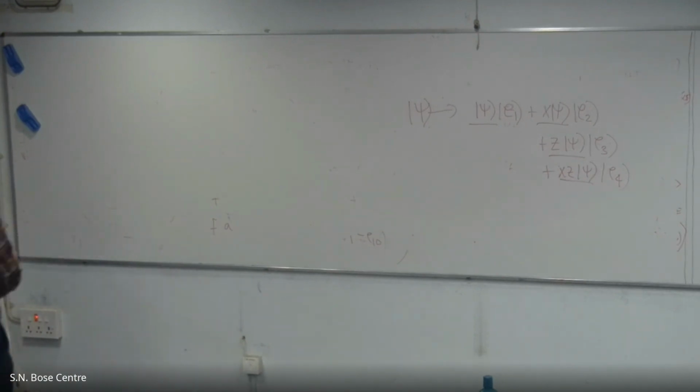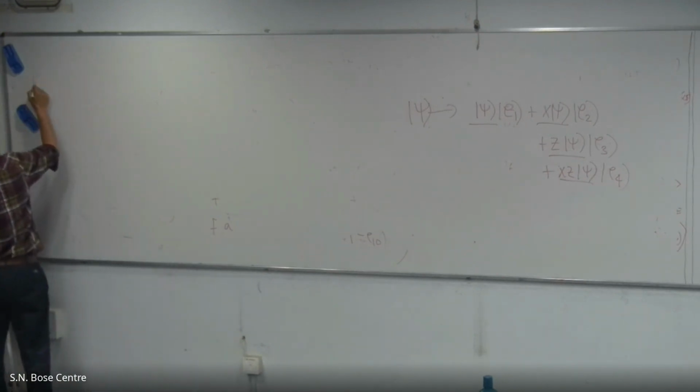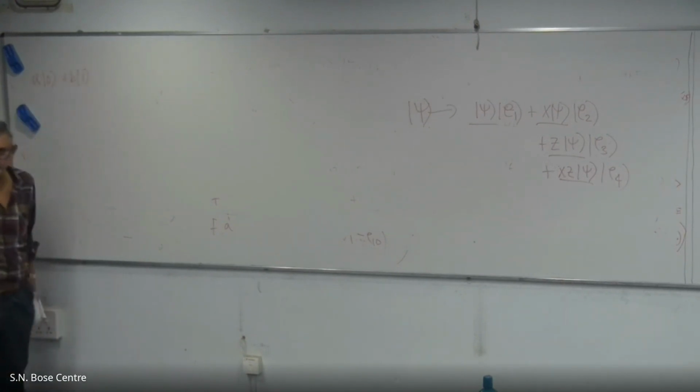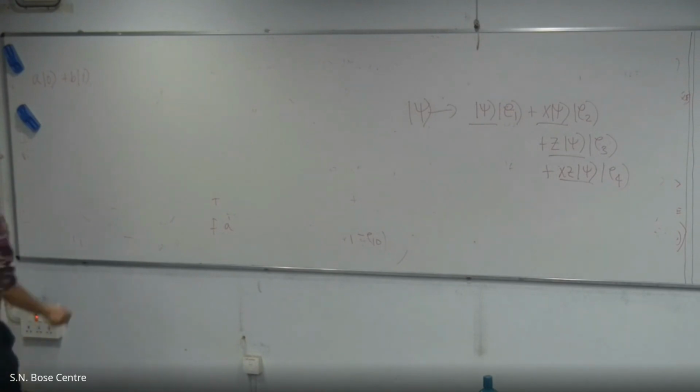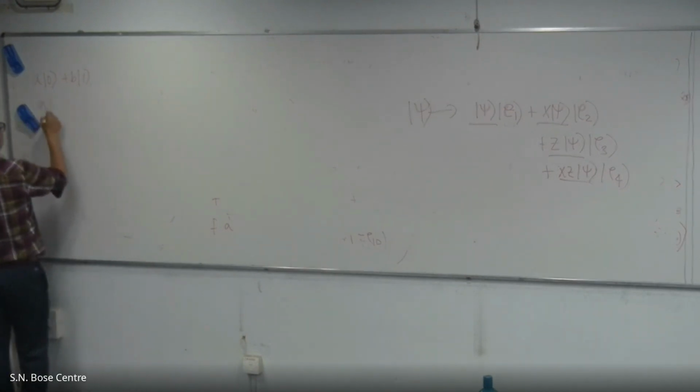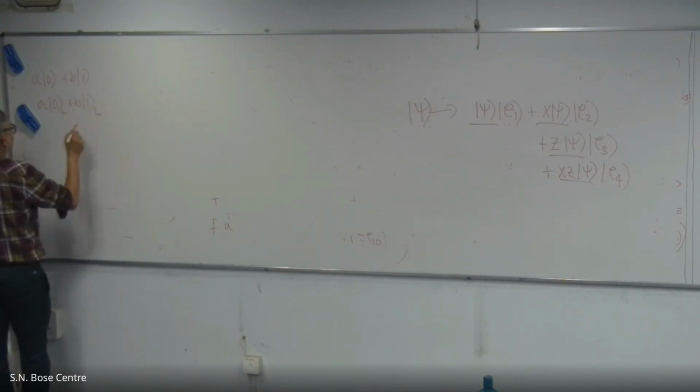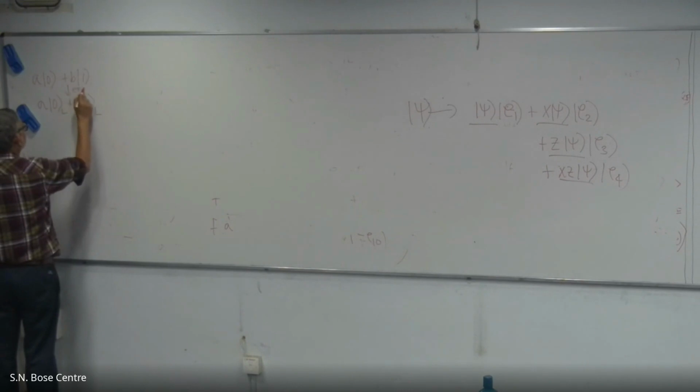Now I am writing. I am taking my state. This is my qubit state. But I am encoding it, where this is the encoding.